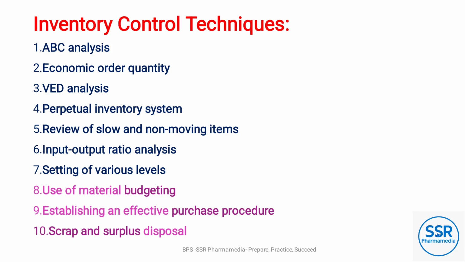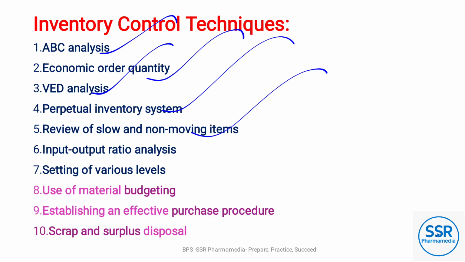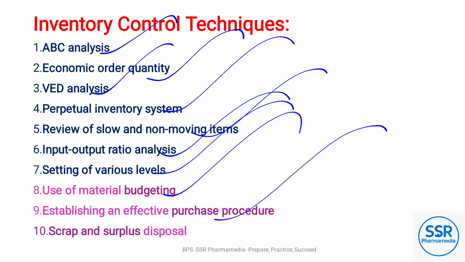Inventory control techniques are ABC analysis, economic order quantity, PED analysis, perpetual inventory system, review of slow and non-moving items, input-output ratio analysis, setting of various levels, use of material budgeting, establishing an effective purchase procedure, scrap and surplus disposal.